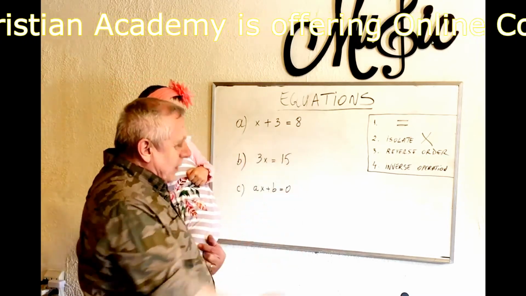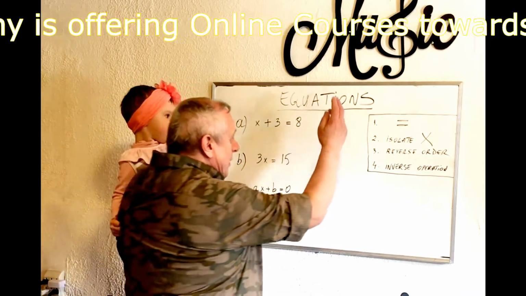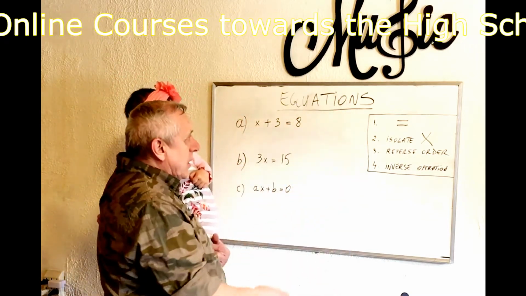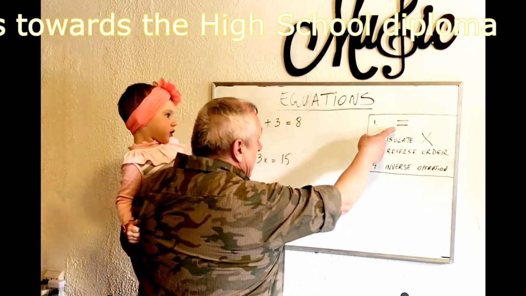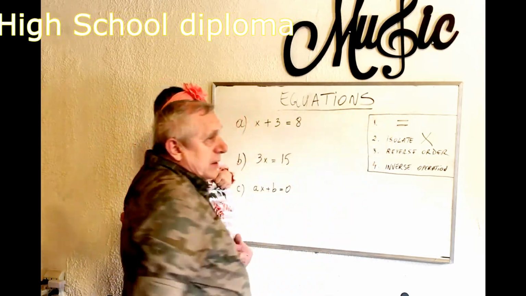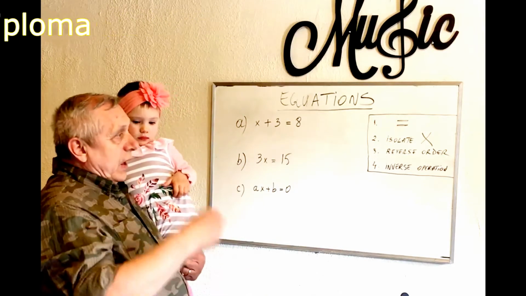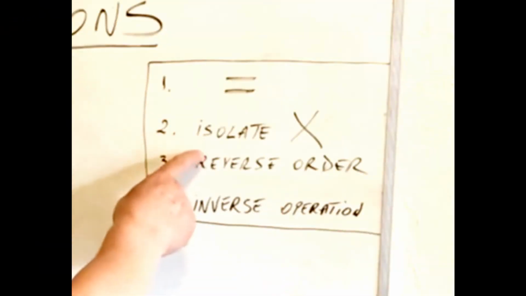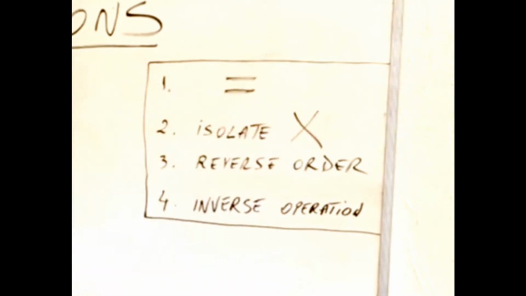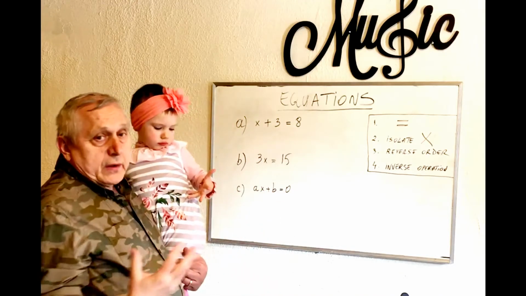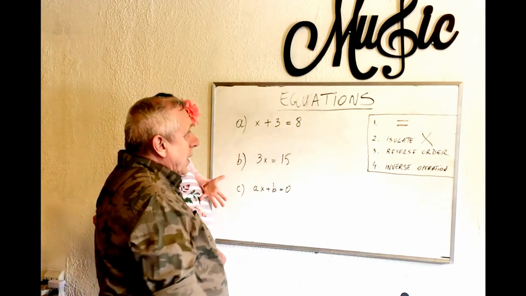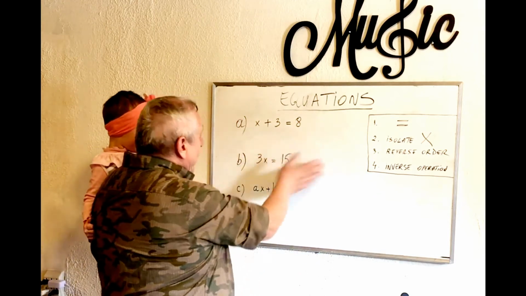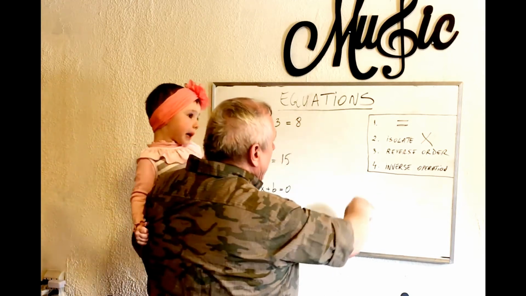It's very important to understand this principle, these rules. When you solve an equation, you have to know that the equal sign is of utmost importance. The second rule, we have to isolate x in order to find its value, to separate it from whatever expression we have there.